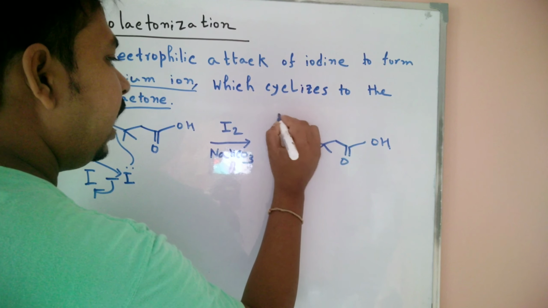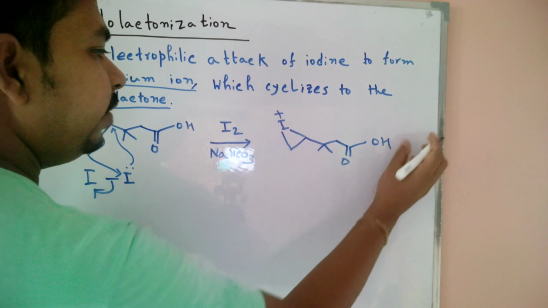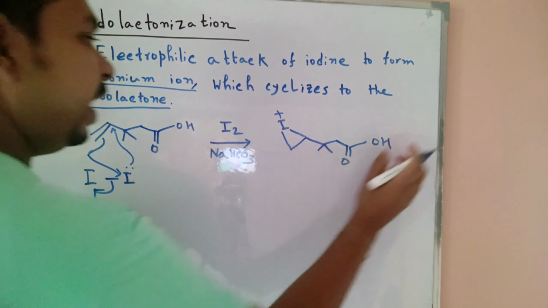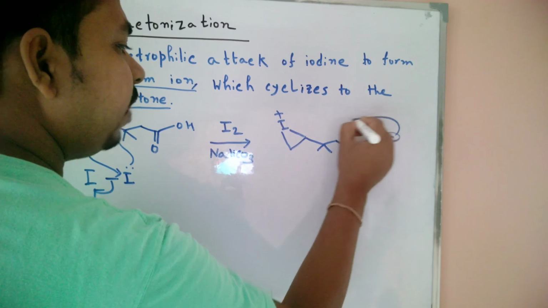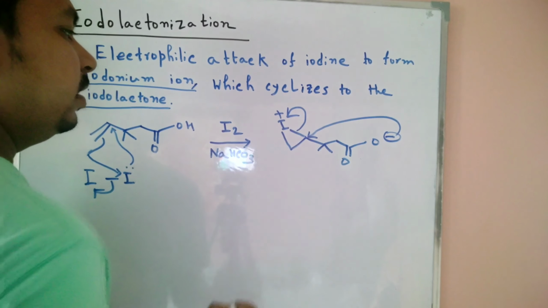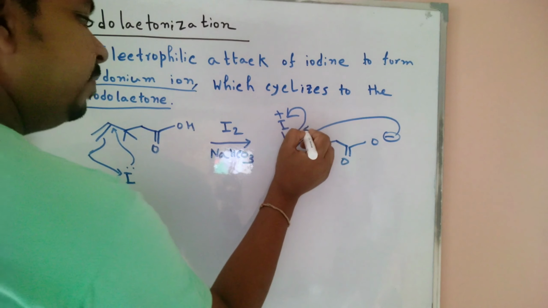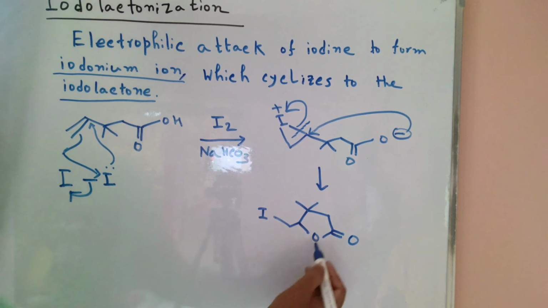Here the I plus iodonium ion is formed. After formation of this iodonium ion, in the presence of sodium bicarbonate, O minus is formed. This O minus attacks that center, so this iodine is opened and this bond is broken. Now we draw the structure. Now the formation of the product is this.